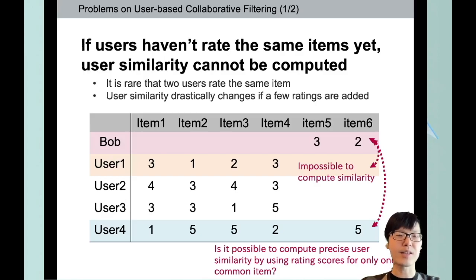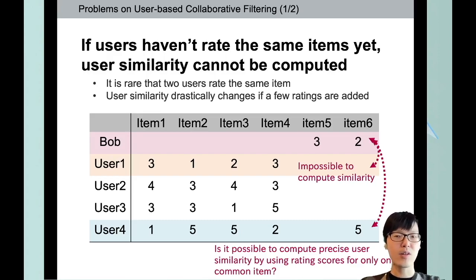Let's see this example. Here we have a rating table. On this table, we can see 5 users' rating information, including Bob. Now we want to predict Bob's rating score for item 1. In this example, Bob hasn't rated items 1, 2, 3, and 4 yet.